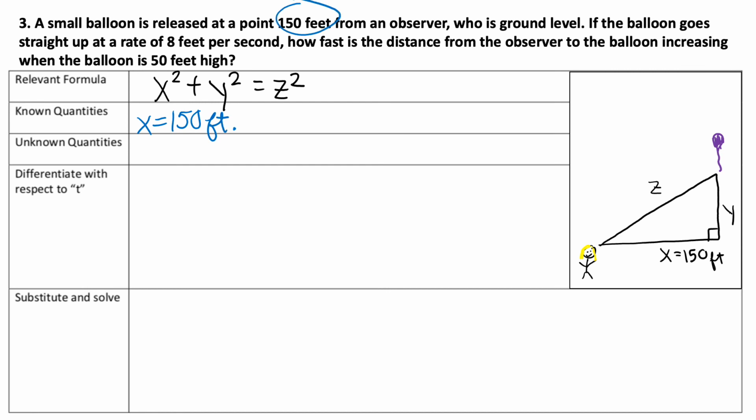If the balloon goes straight up at a rate of 8 feet per second, that means y is changing: dy/dt equals 8 feet per second. How fast is the distance from the observer to the balloon changing? Meaning dz/dt is what we're looking for, when the balloon is 50 feet high. So that means when y equals 50 feet.